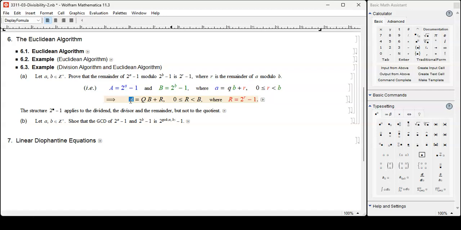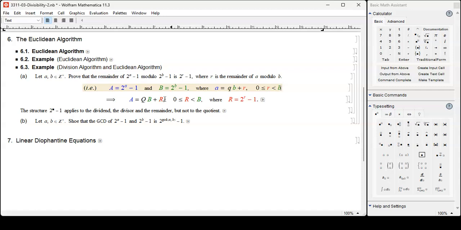So capital A is some quotient times capital B plus capital R, and capital R is the remainder, so it must follow this inequality, greater than or equal to 0, but strictly less than the divisor capital B. So we assume this and that as definition, and then for lower cases we assume we know everything.